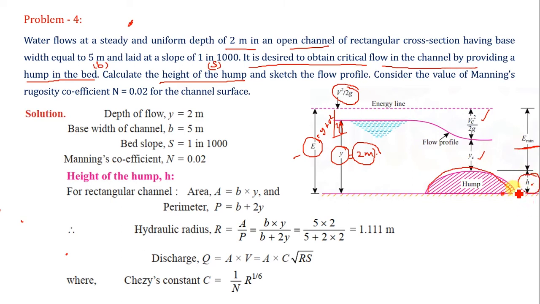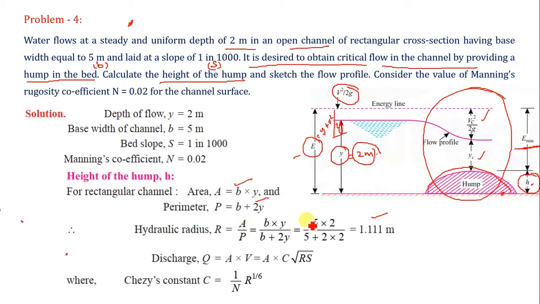Okay. So now simply I need to find out what is the VC, YC and V and Y. Okay, let us find out the critical case first. And these are the dimensions you can find from the given data. Depth is 2 meter and width is 5 meter.